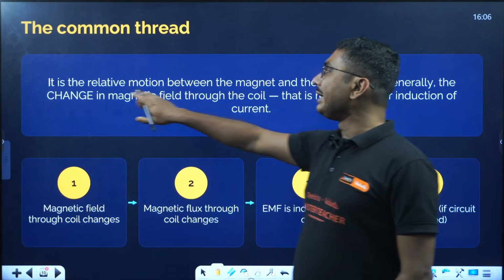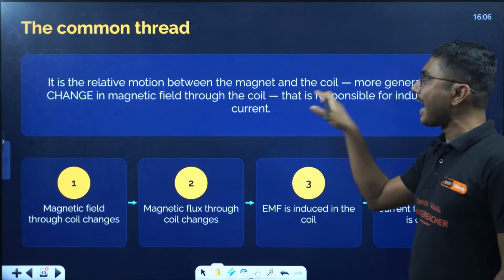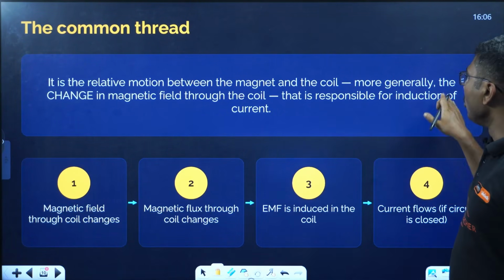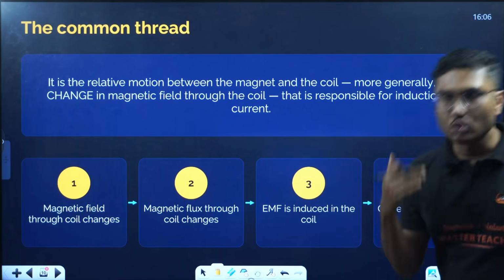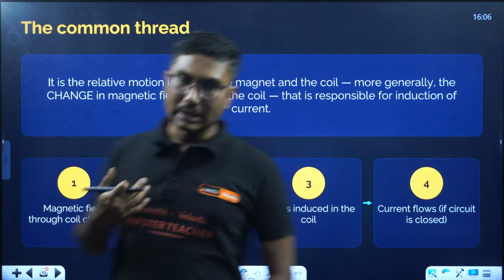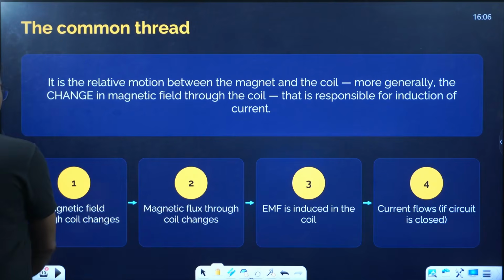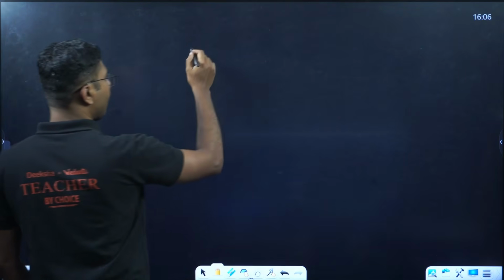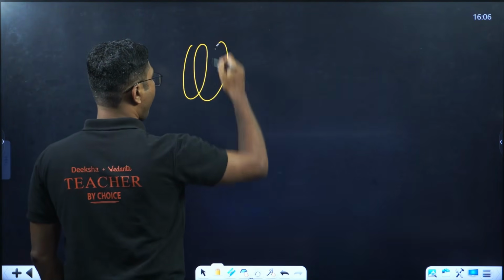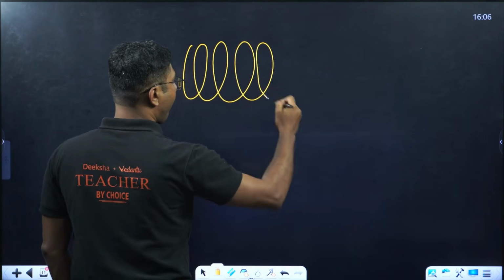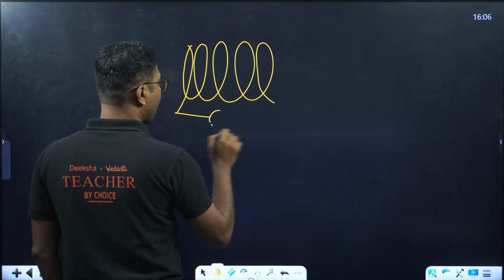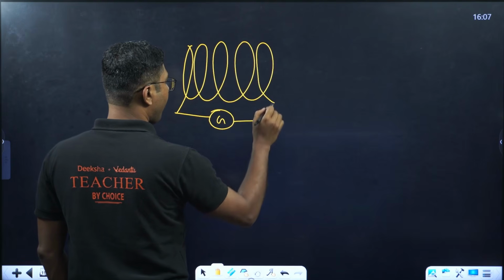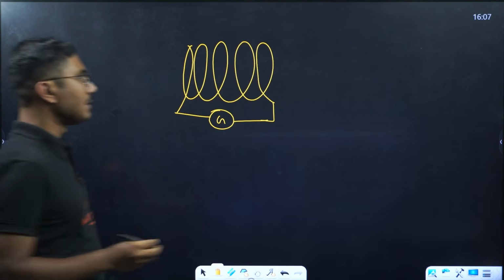It is the relative motion between the magnet and the coil, more generally the change in magnetic field through the coil. Suppose we have a coil and a galvanometer connected. So what happens when you have a magnet?